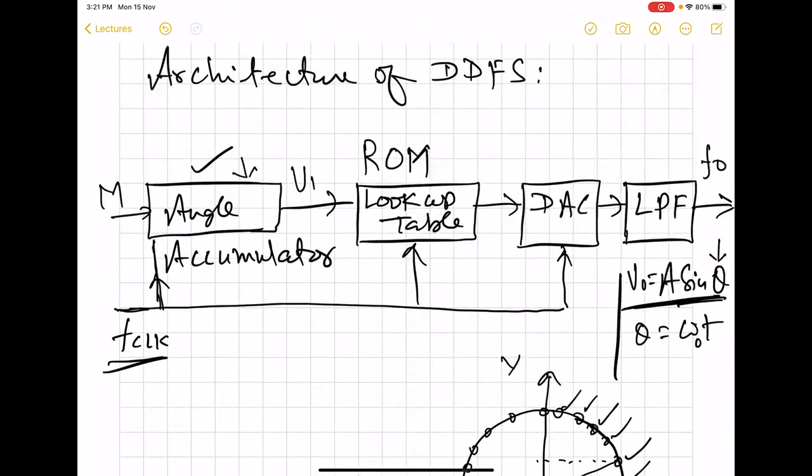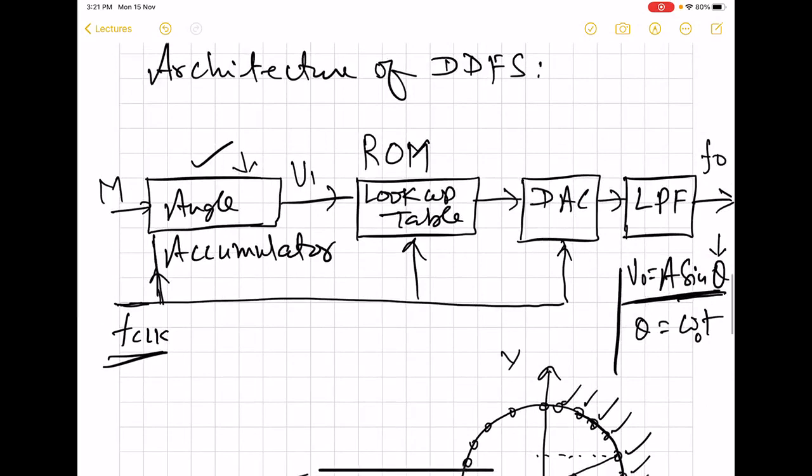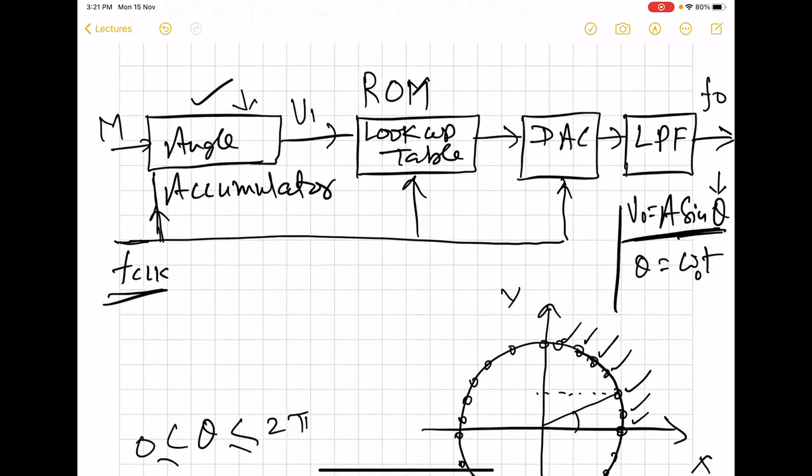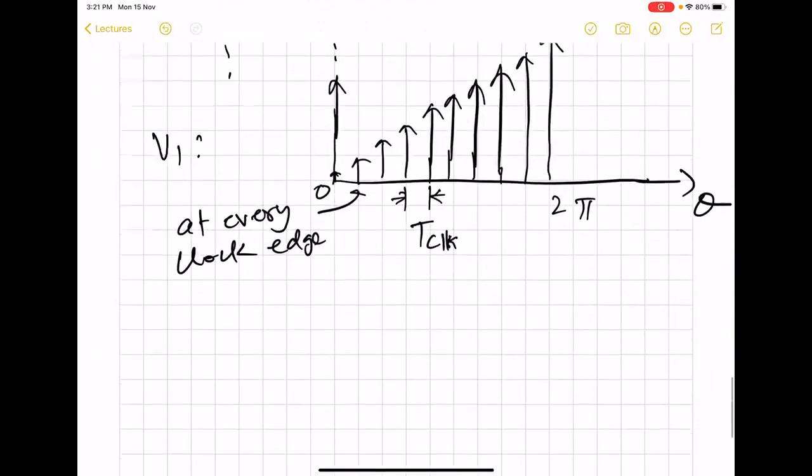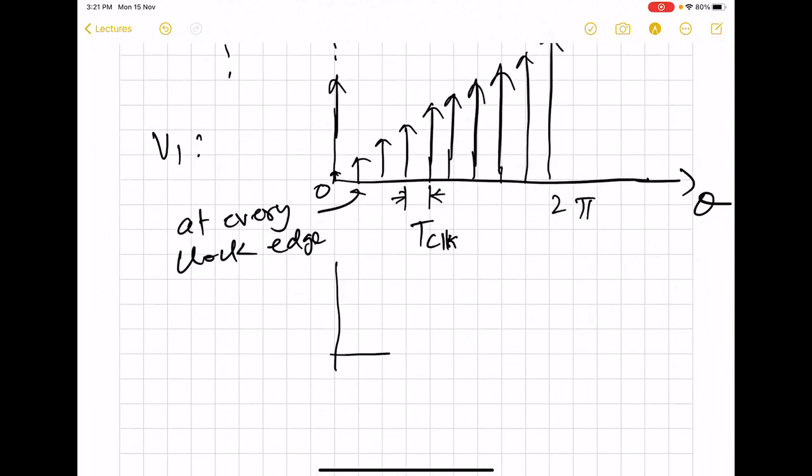So now once these angle informations are fed to the lookup table, what lookup table basically stores is the value of these sine functions, of course, for A is equal to 1, and for each of the respective angles. So what this lookup table will produce at its output is basically sine theta. So now what we will see at the output of lookup table is, say, these values.